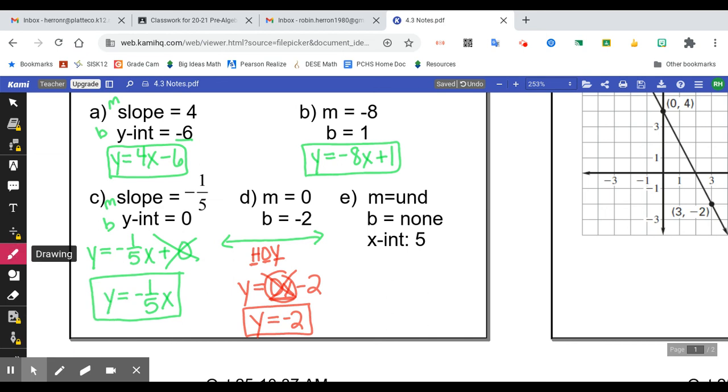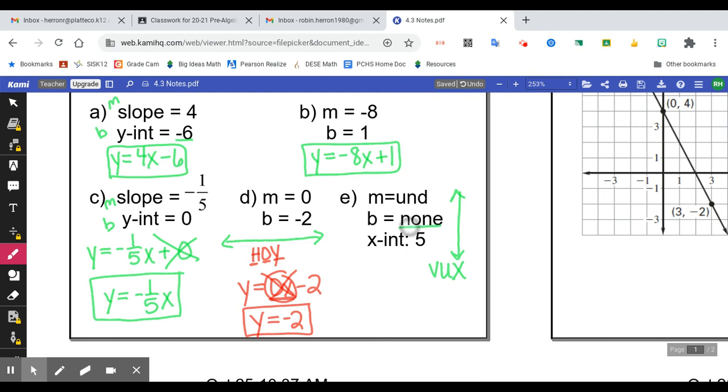M is undefined. Okay, again, here we go. M is undefined. The slope is undefined. Remember, if the slope is undefined, it looks like this. It's a vertical line. It has undefined slope, and it's an x equals equation. So it doesn't cross through the y-axis.